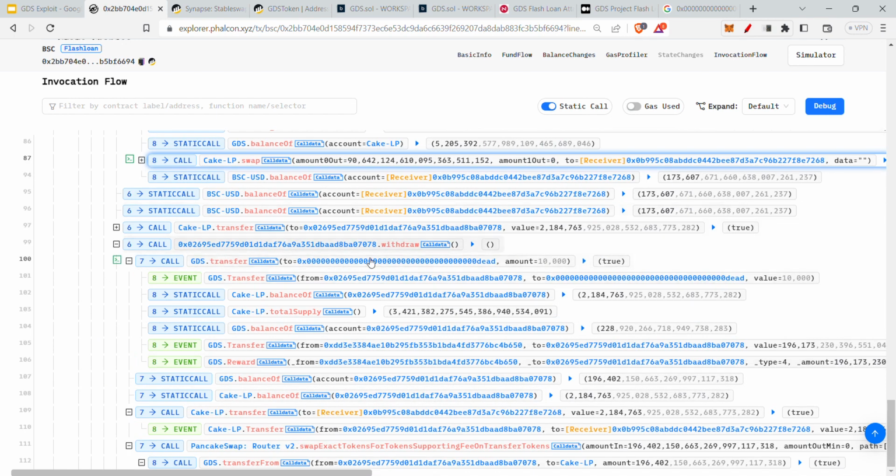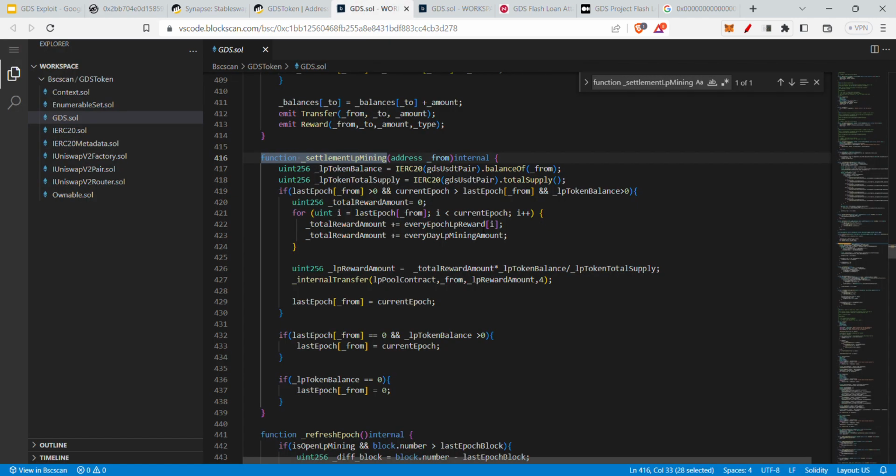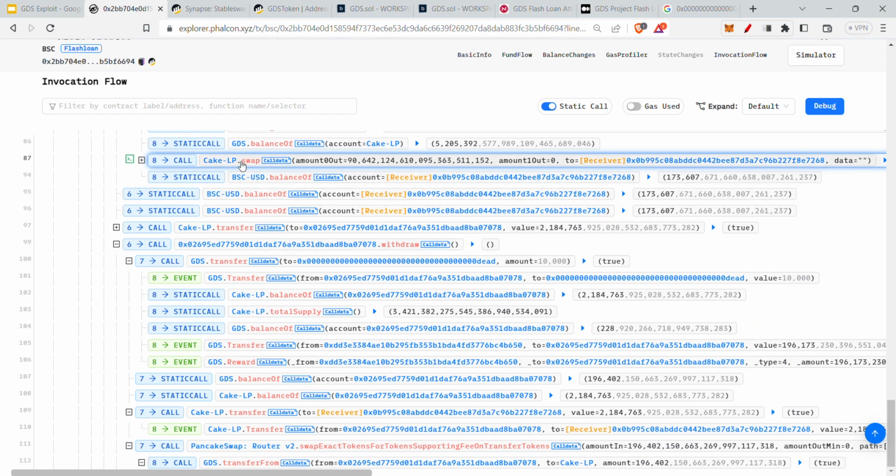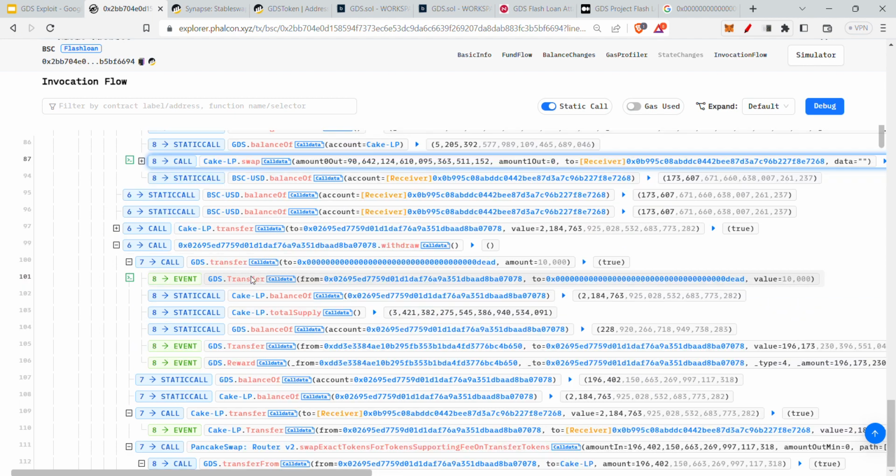Same thing happened. 2695 is a contract that has the withdraw function which calls GDS transfer. Over here, right, GDS transfer calls underscore transfer, which calls after token transfer, and then finally it calls settlement LP mining, which is the compromise code. And then after that, where am I? Let me see. Over here, 2695 is the new contract.